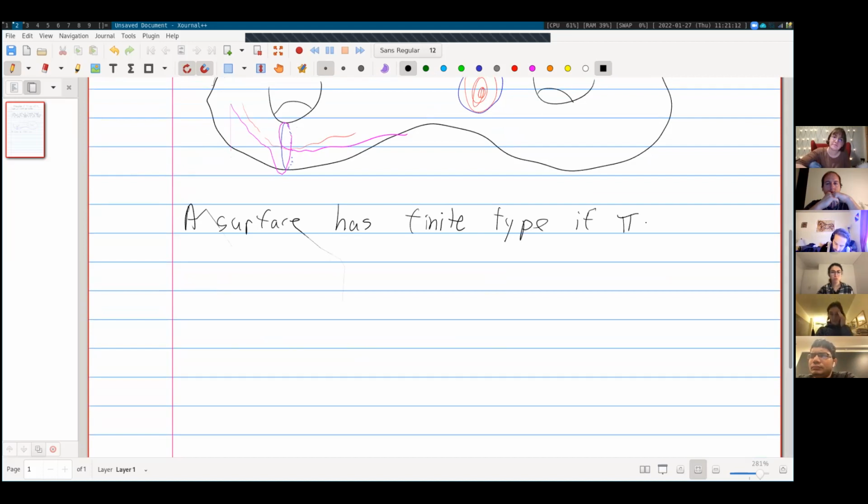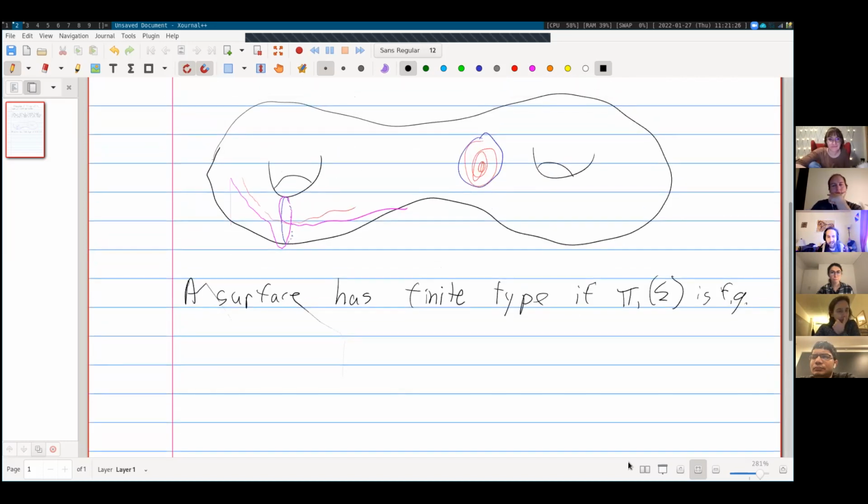There's a few ways to say this. The neat one that I like is if pi1 is finitely generated. Maybe that's a very geometric group theorist way to think that's simple. Another equivalent thing is if it's compact or compact with punctures.